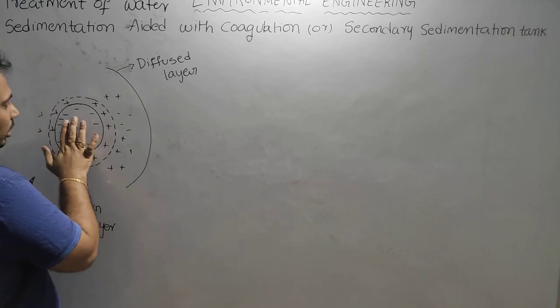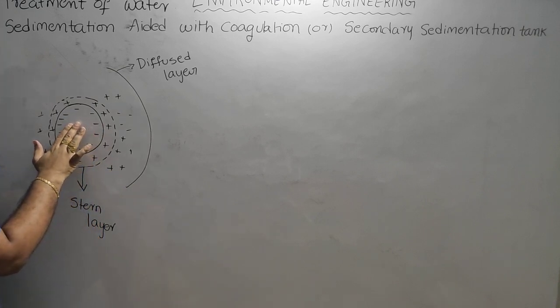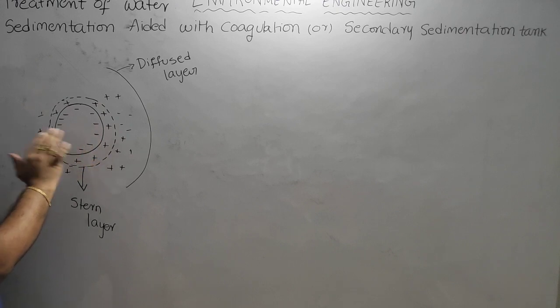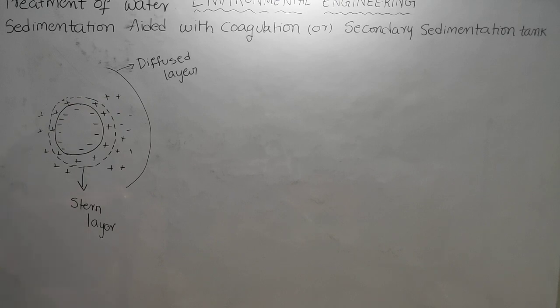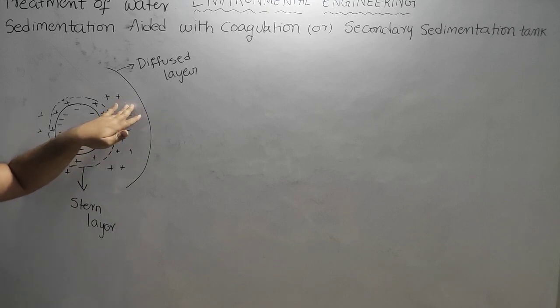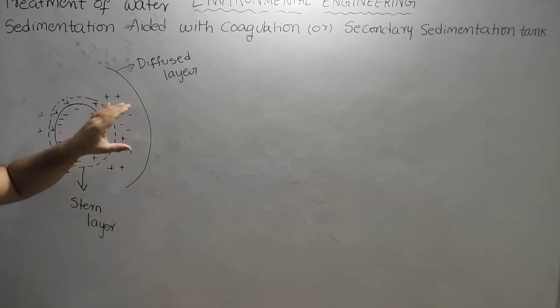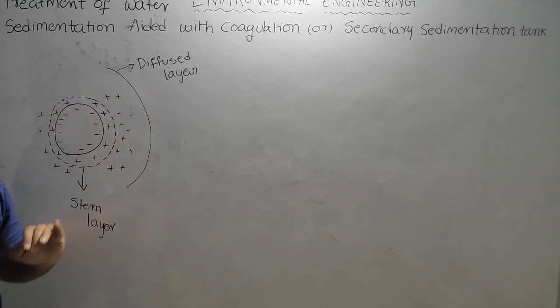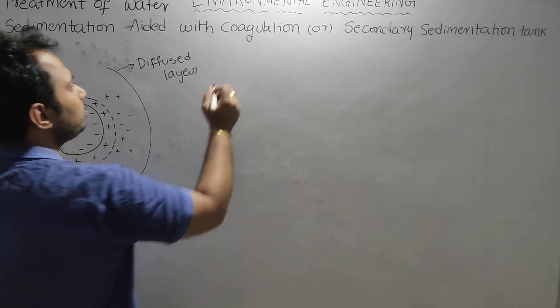These are the negatively charged particles. They are just staying along with the water by doing friendship with water, as the water is dipolar. For bringing them down from the water, our friend the coagulant has to break this diffused layer and enter the Stern layer.